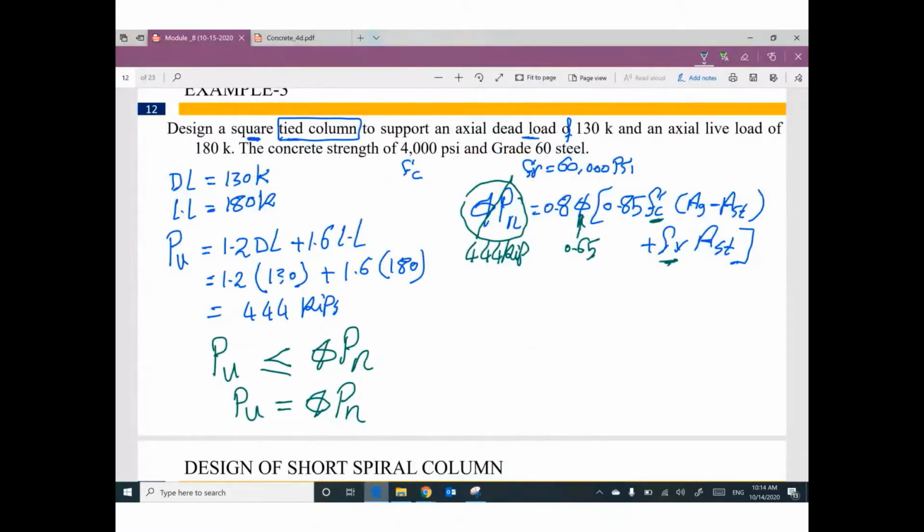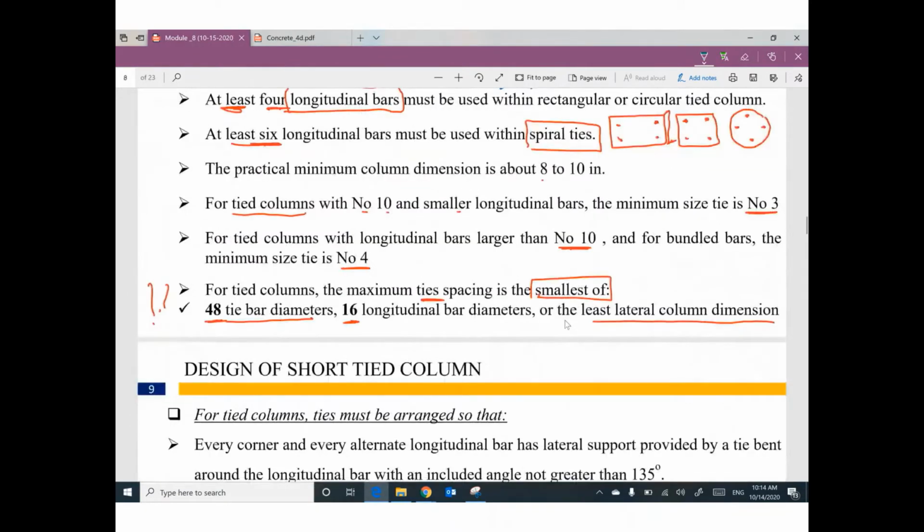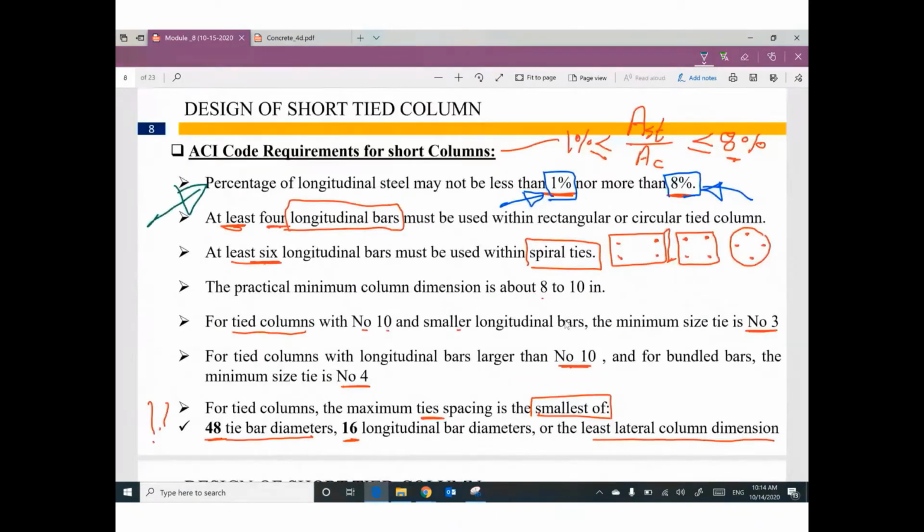Okay, guys. We can assume area steel equals 1% up to 8% of area gross. Do you remember this limit? You are a designer right now. You need to design. If you have more steel reinforcement, we will have less concrete.